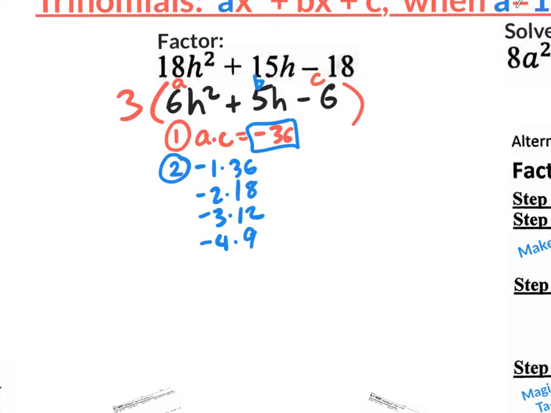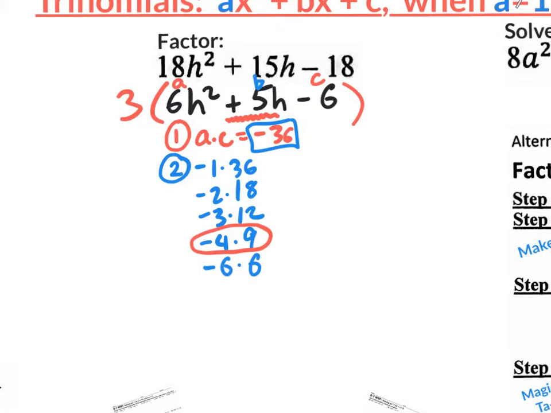Oh yeah, there's one more. Negative 5 doesn't work, but negative 6 times 6, that also gives you a negative 36. Those are all the possible ways of getting negative 36. Which pair of numbers combines together to give us the middle value 5? The negative 4 and the 9, if you combine those, it really does give you this middle value positive 5. So that's the pair of numbers that we want.